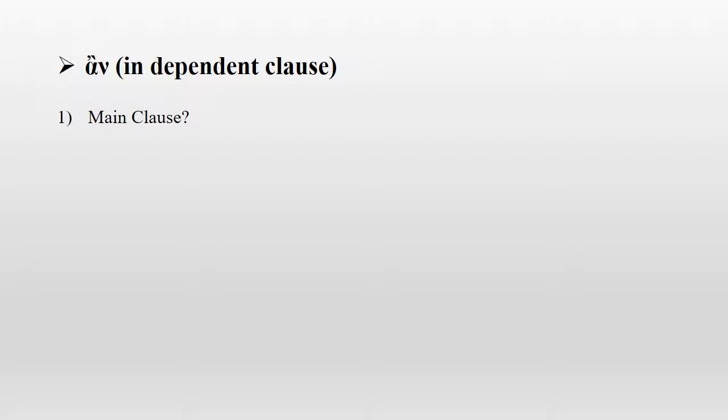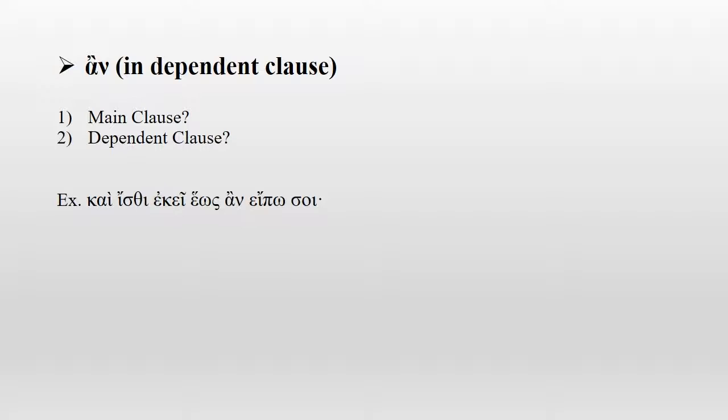Now, after you divide which is the main clause and which is a dependent clause, the location of an, whether it's in the main clause or in a dependent clause, makes for grammatically different cases. Now, for example, for our case, let's look at what's involved in our sentence. Kai isti ekei, go there, eos an eipo, until I tell you.